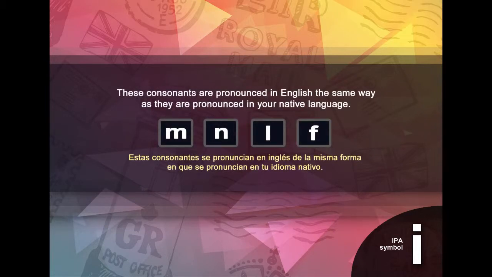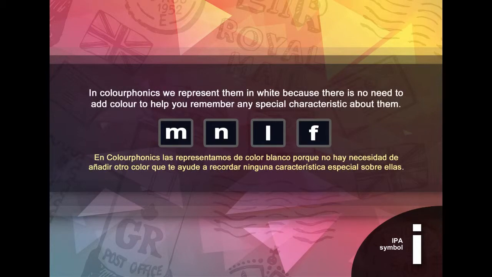These consonants are pronounced in English the same way as they are pronounced in your native language. In Colourphonics, we represent them in white because there is no need to add colour to help you remember any special characteristic about them.